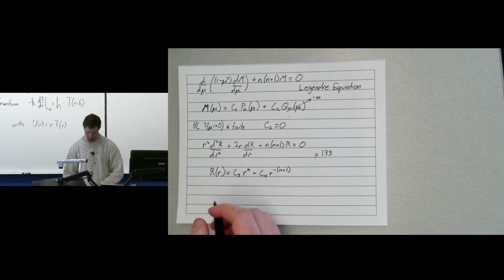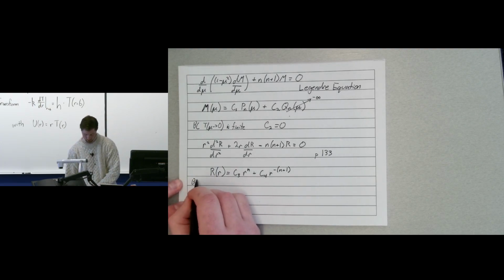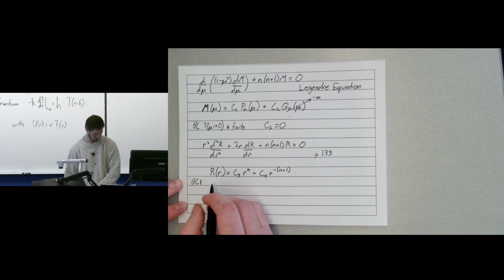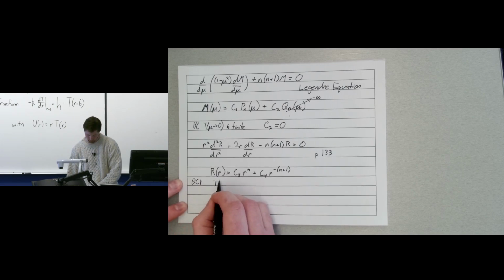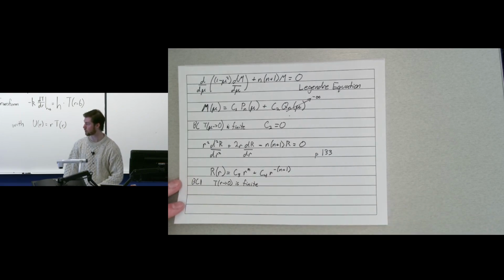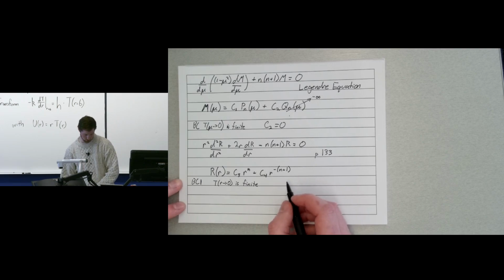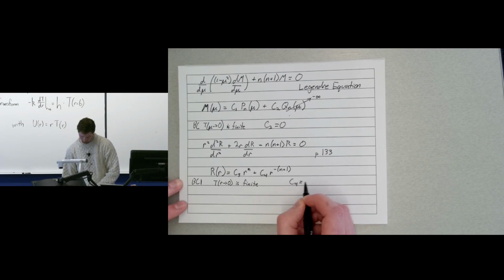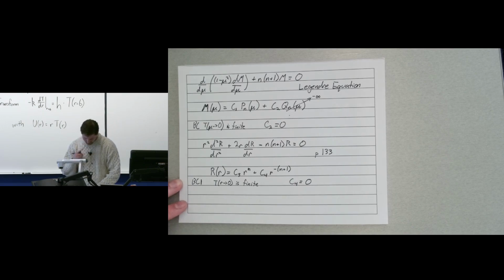Okay. So we're going to apply boundary condition 1 here, which is T as r approaches 0 is finite. So which constant is going to go away? C4. Yep. C4, therefore, must be equal to 0.